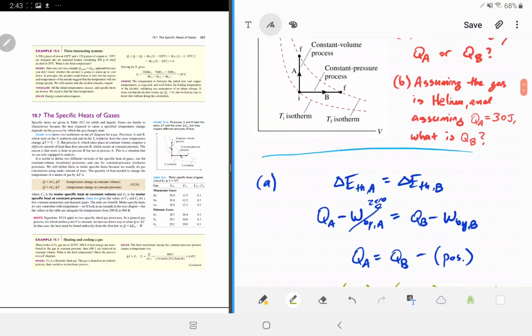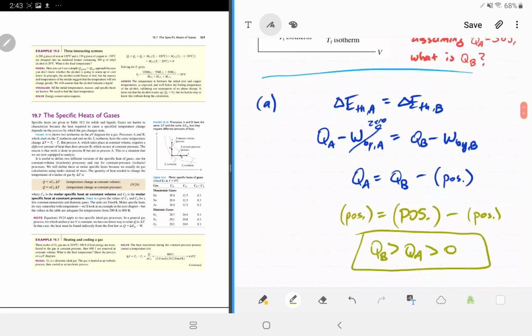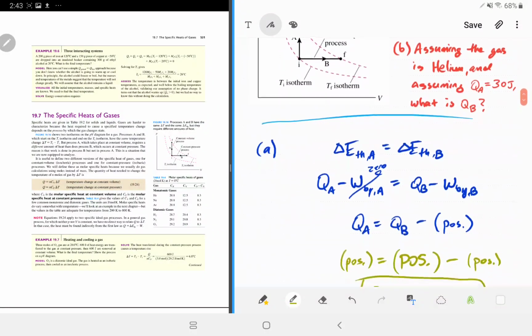So even though the change in temperature is the same for both of these paths, one involves more heat transfer, more energy in the form of heat is involved in path B. And the reason for that is that the gas does work.